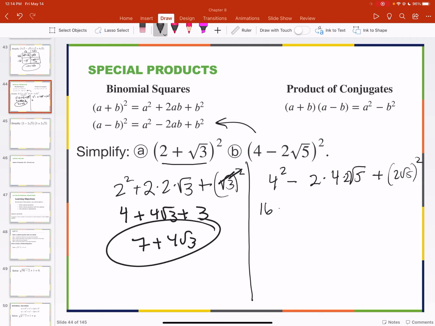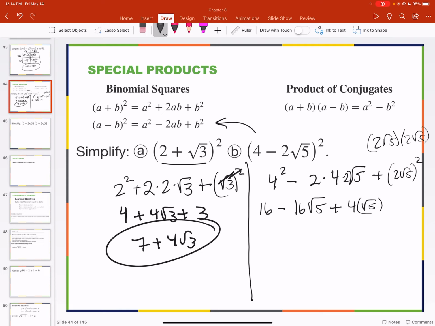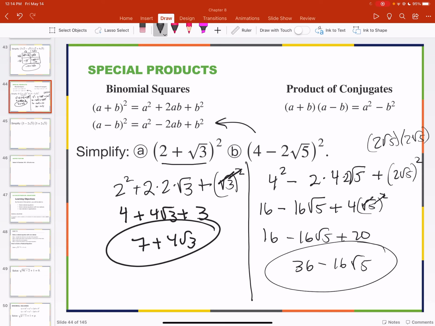That's going to be 16, minus 16 root 5 plus, now this is 2 squared times 5, right? Because 2 square root of 5 squared is like 2 square root of 5 times 2 square root of 5. So that becomes 4 times 5. 16 minus 16 root 5 plus 20. So that becomes 36 minus 16 root 5.